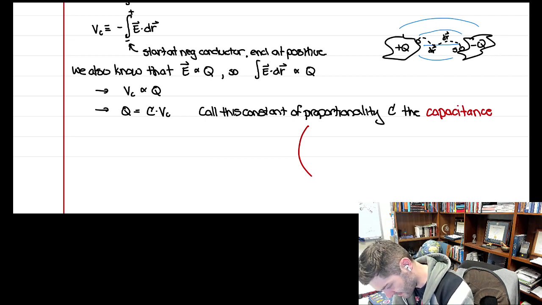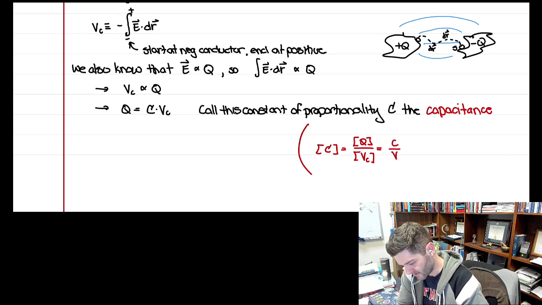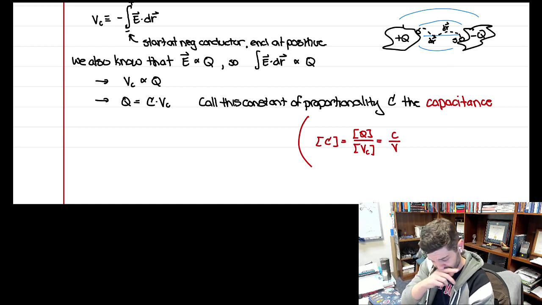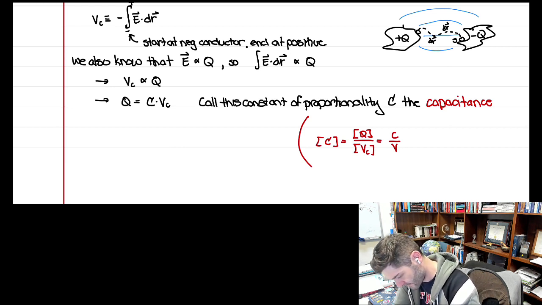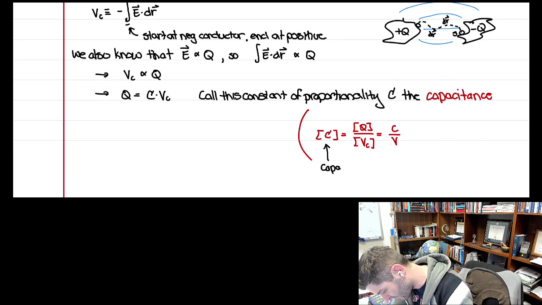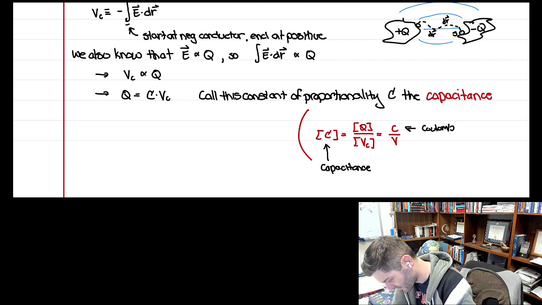If I want to ask what is the unit of capacitance, based on that equation, it looks like it's the unit of charge, or Q, divided by the unit of potential difference, which is coulombs per volt. But notice I have two different things that use the letter C, and two different things that use the letter V. This C is a symbol for capacitance, but this C is the unit coulomb, which is about charge.